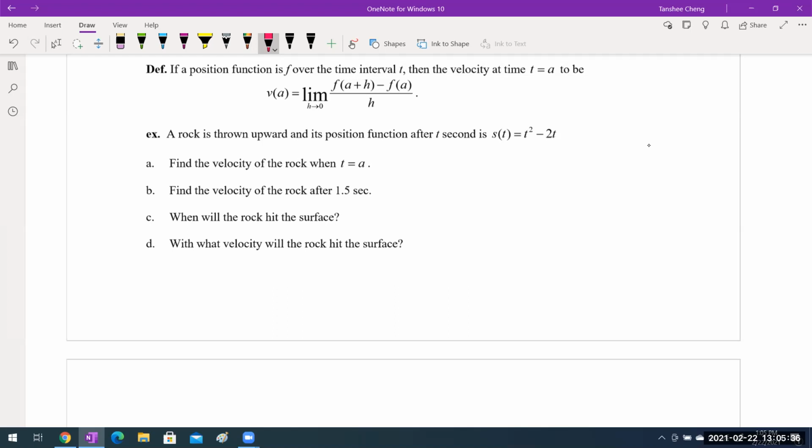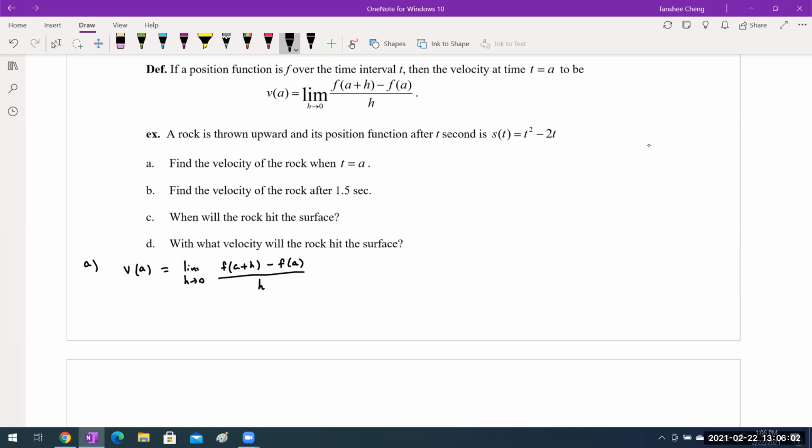So for part A, the velocity function at a particular point a is basically the limit as h approaches 0 of f of a plus h minus f of a all over h.